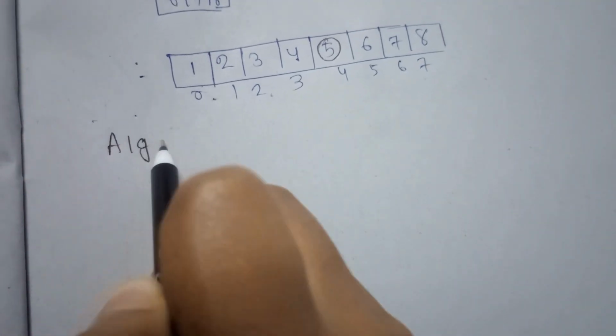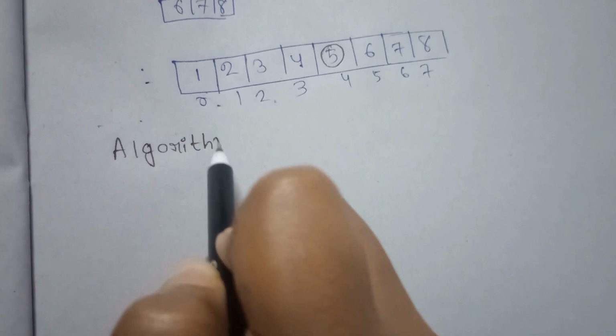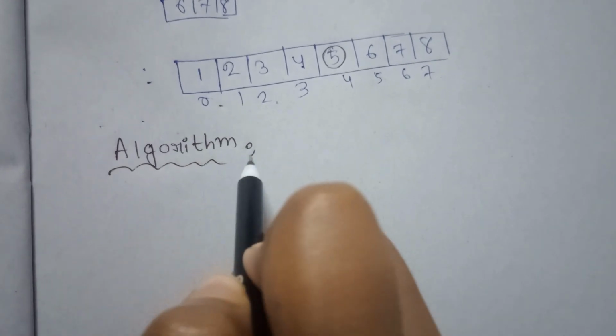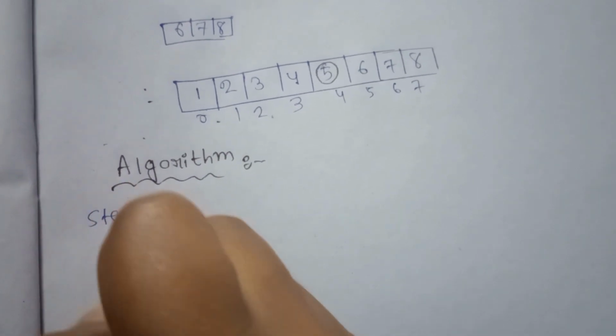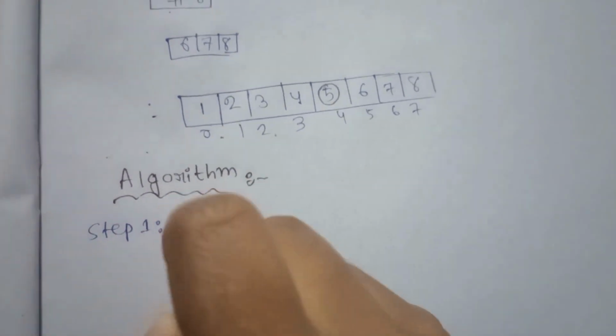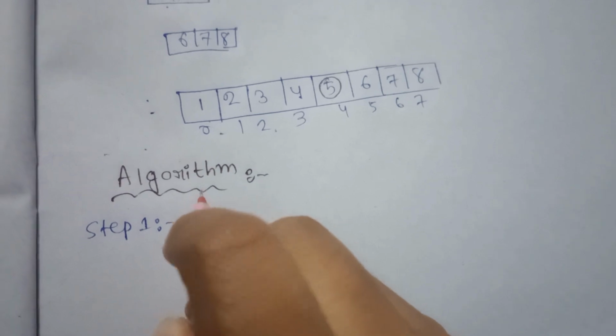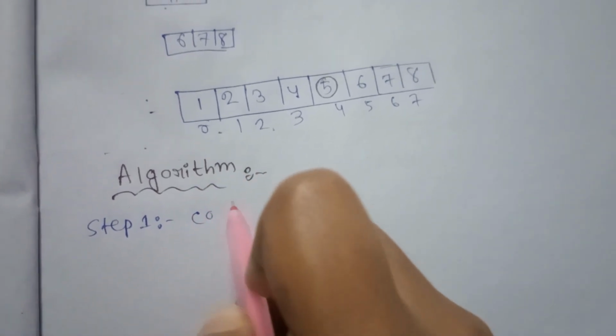Algorithm for quick sort. Step 1: Consider the first element of the list as pivot.